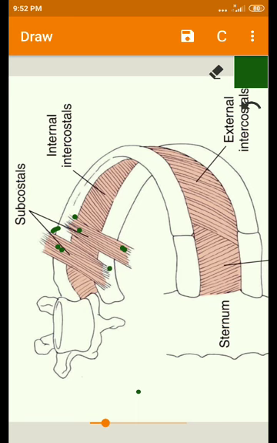For example, if it originates from the second rib, the insertion is at the fourth rib. And this subcostalis is also having the same type of function as the intercostal muscles.